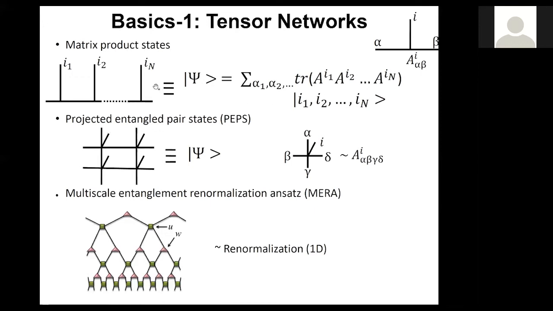You can generalize this straightforwardly to higher dimensions. Instead of using a 3-leg tensor, for example, you can use a 5-leg tensor, one physical leg with 4 virtual legs, and you can construct tensor network states in higher dimensional lattices. And you can even try to understand renormalization by these tensor network states.